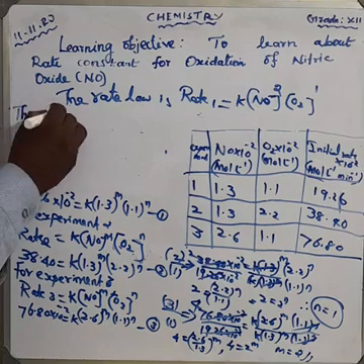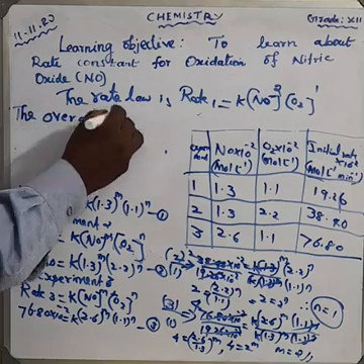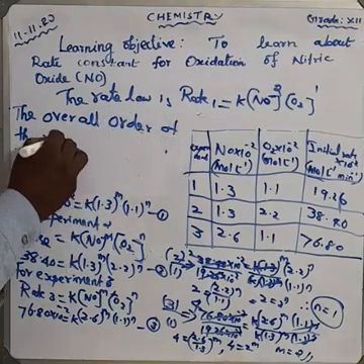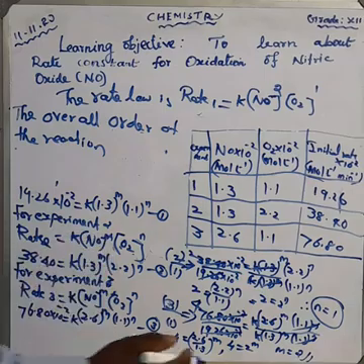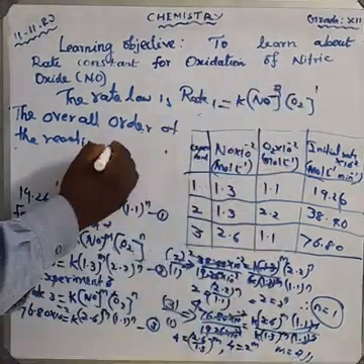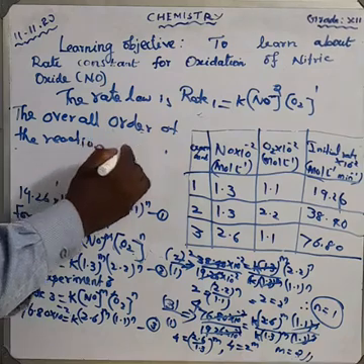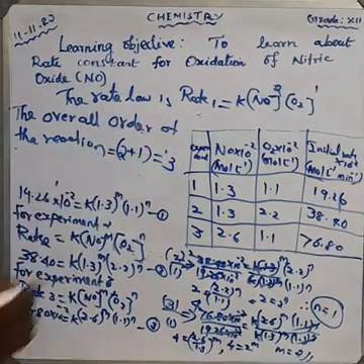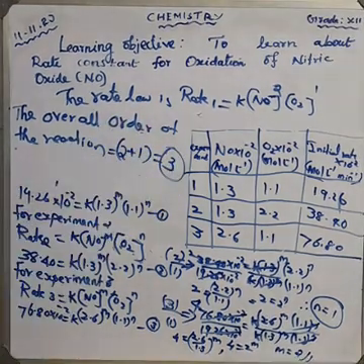The overall order of the reaction is 2 plus 1, which is equal to 3. What's the value? 3. This is the rate constant for the oxidation of nitric oxide.